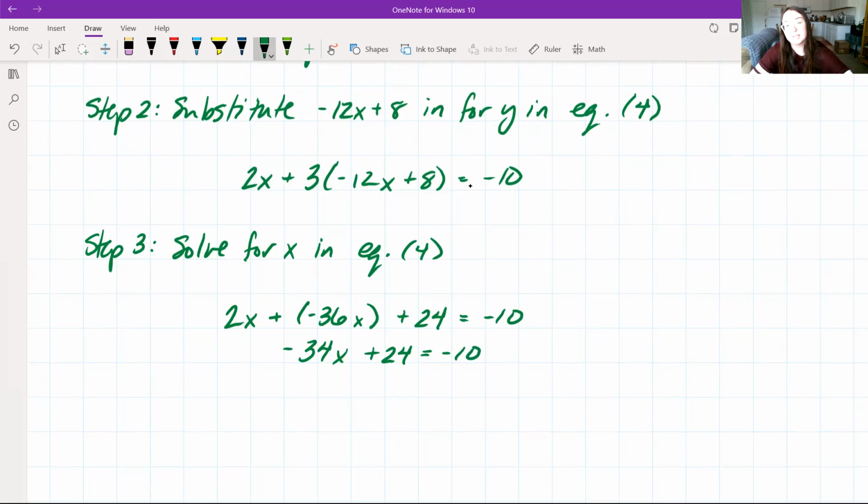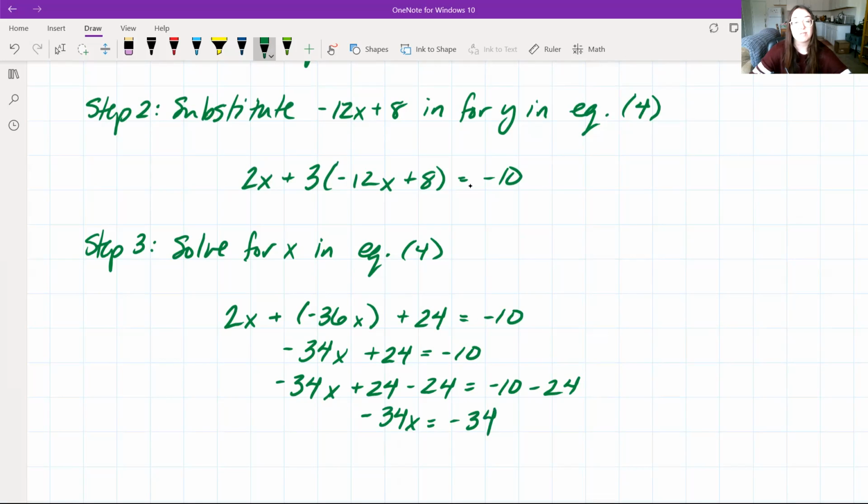To isolate our x terms on one side, we can go ahead and subtract 24 from both sides. Where now we have negative 34x is equal to negative 10 minus 24, which is equal to negative 34.